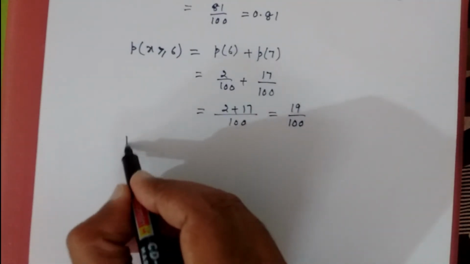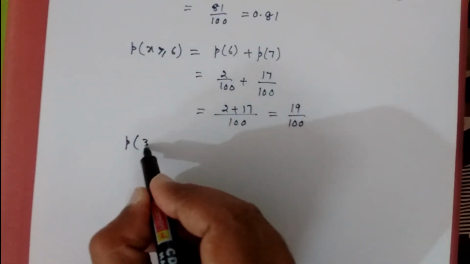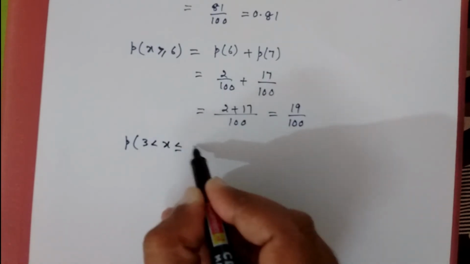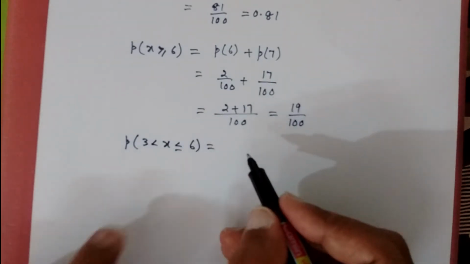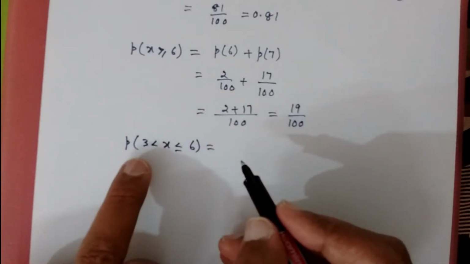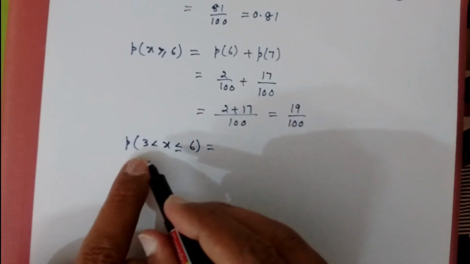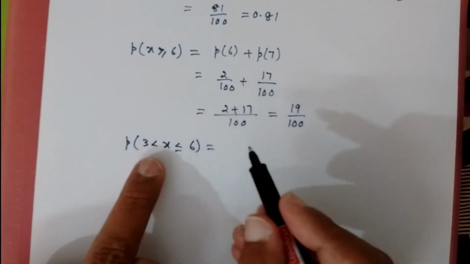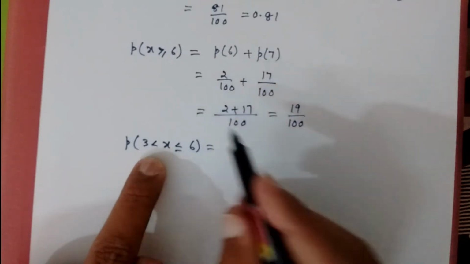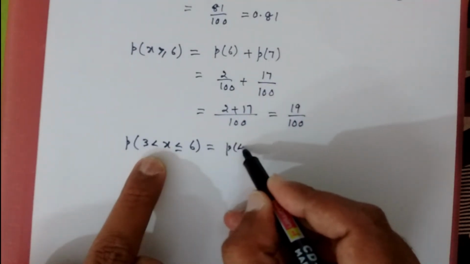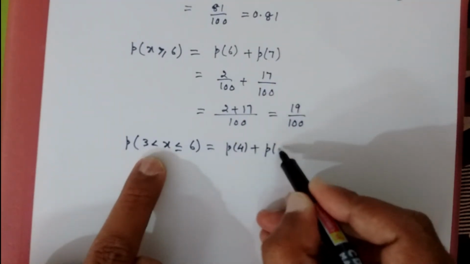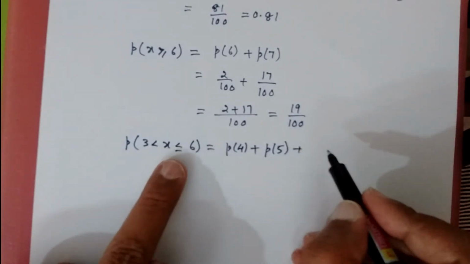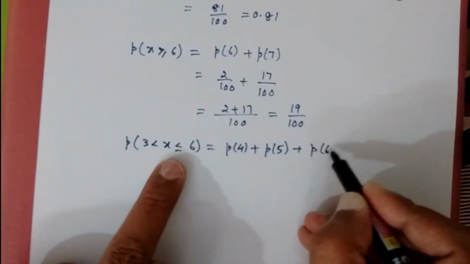The next probability that you have is probability when 3 is less than x, x is less than or equal to 6. Then you have to take the values of x lying between 3 and 6, because 3 is less than is given, equal to is not there, so you cannot take 3. So after 3 you have 4. Next is 5, and because equal to 6 is there, you have to take 6.